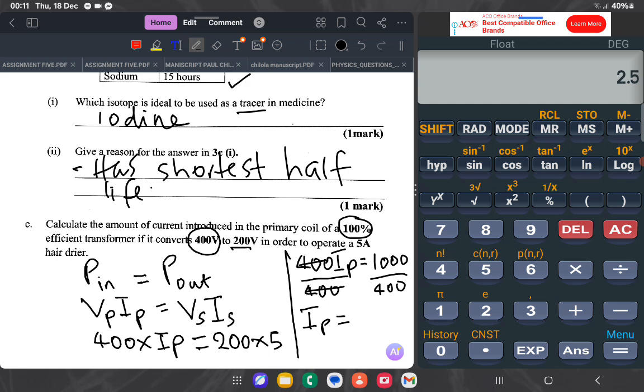It's supposed to be 2.5. So the current is going to be 2.5 amperes. Don't forget the units. So that's how to go about this one.